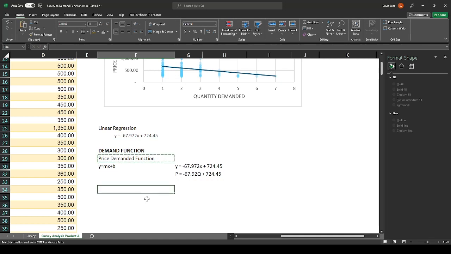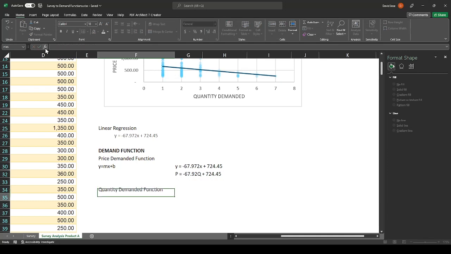Can we create this one into a quantity demanded function? Yes, we can. Quantity demanded function. They're the same actually. We just so happen to transpose the b to the other side. So of course we're going to isolate the x. So minus b, divide all sides by m.